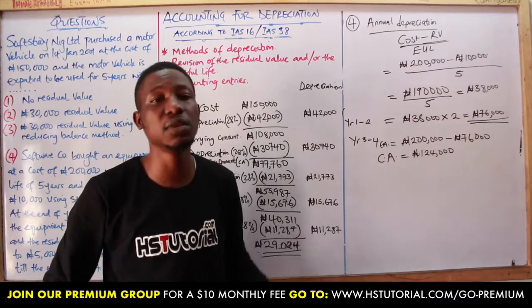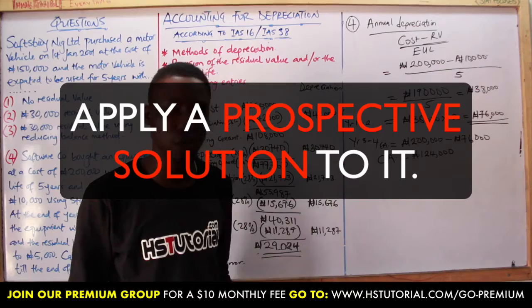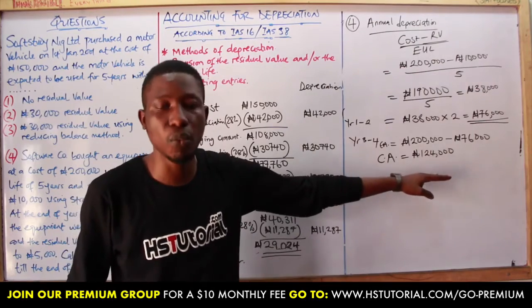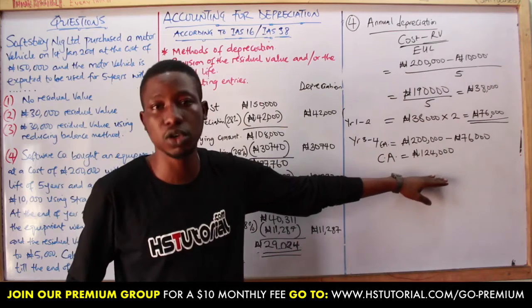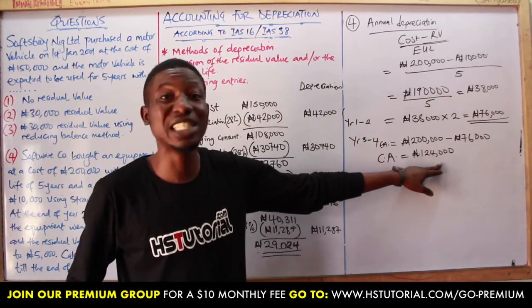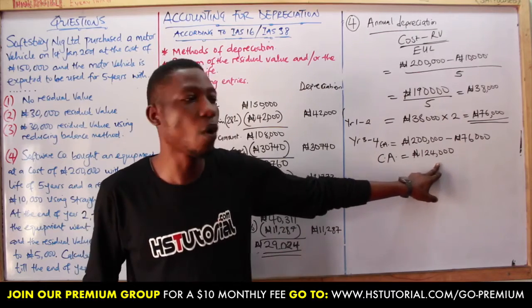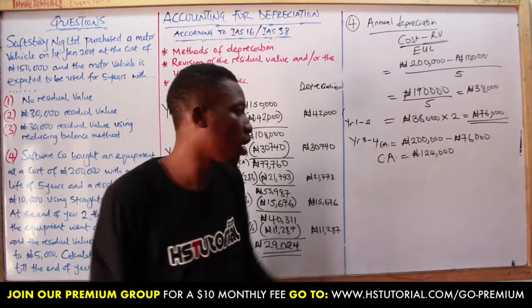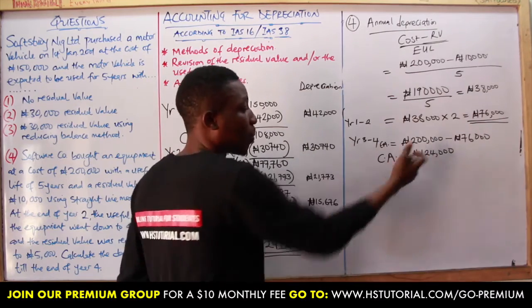For a change in accounting estimate, we apply it prospectively, that is, you start from where it stops. The best available figure now is 124,000 naira, so let us apply any subsequent things that happen to this.